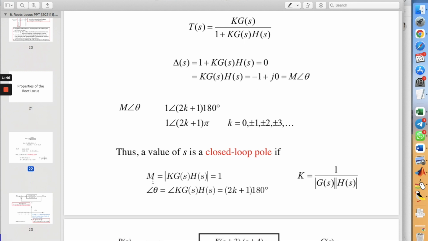So we have M equals the magnitude of KGH equals 1. And the angle of this KGH is actually a multiplication of (2k plus 1) of 180 degrees.